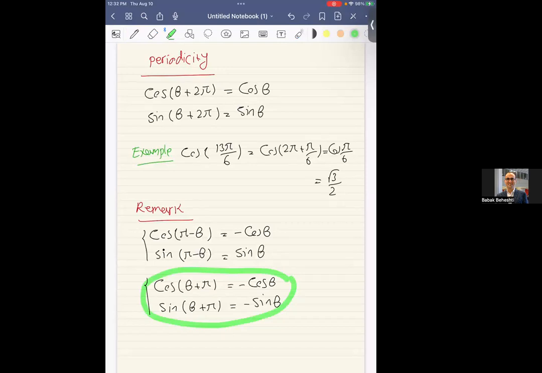Now, based on this, it follows from these last two equations that tangent of theta plus pi is equal to what? Can you tell me?